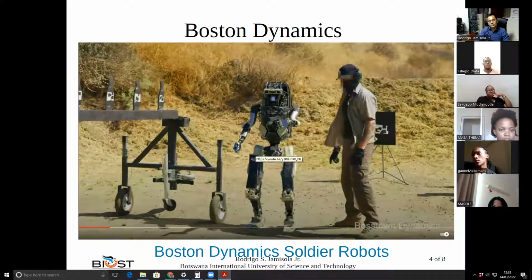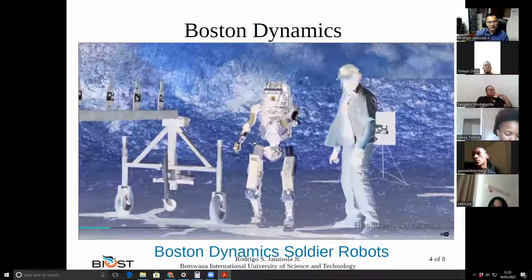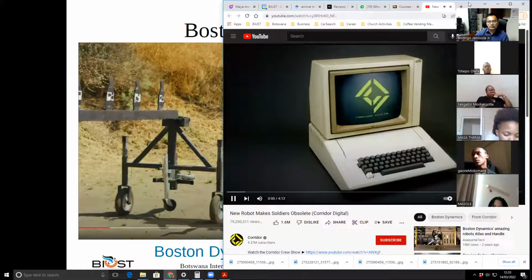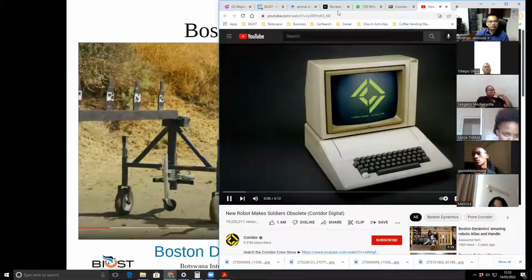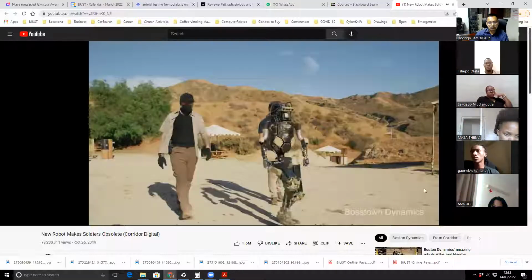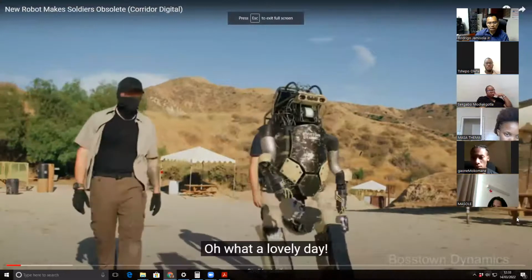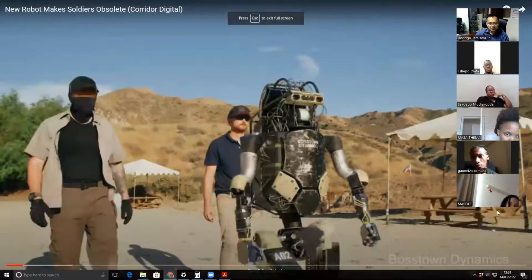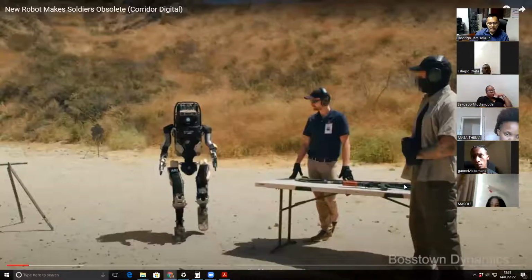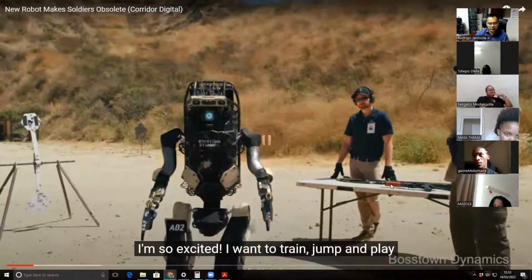So now let's look at some examples of state-of-the-art robots nowadays. Let's enjoy these movies. This is a robot soldier by Boston Dynamics.